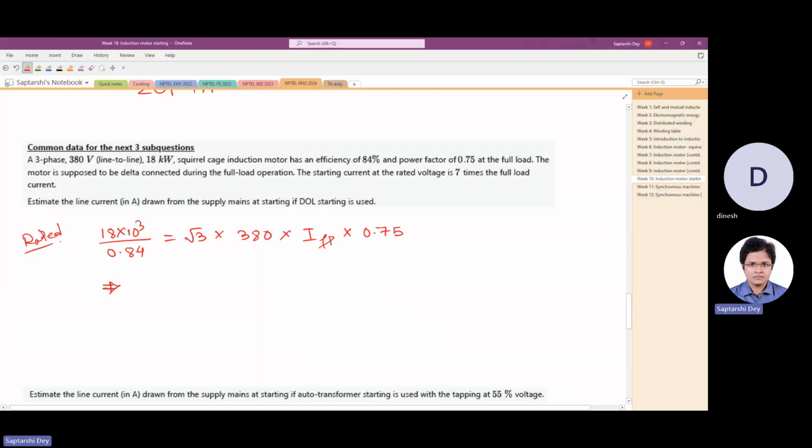So then what is the value of full load current? Is it 43.41 ampere?